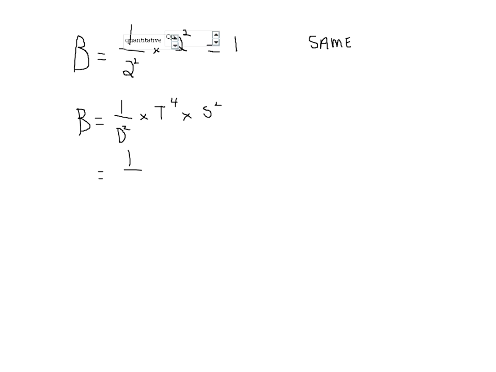In this case, we'll have 1 over 2 squared times 2 to the 4th, because it's twice as hot, times 2 squared, because it's twice the radius, twice the size. These cancel, and we're just left with 2 to the 4th, which is equal to 16. So it's 16 times brighter, and the qualitative is that it's brighter.